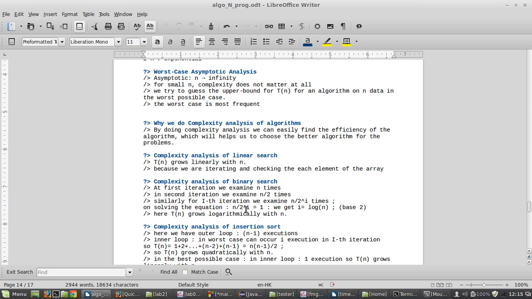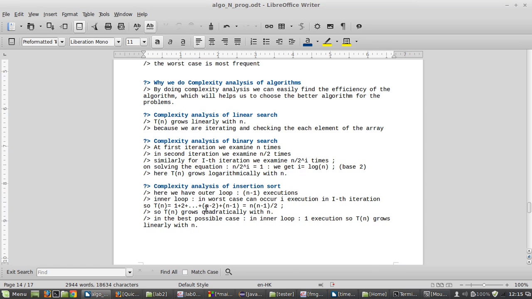So we solve the problem mathematically for i, and you get the value of i is log of n in base 2, because this is 2 to the power i.